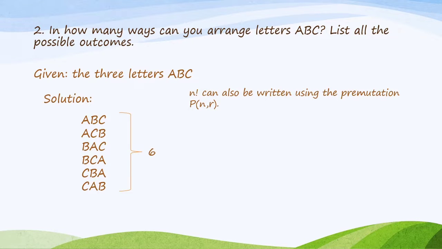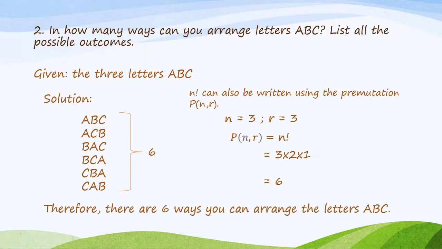N factorial can also be written using the permutation P of n, r. Since the values of n and r are equal, P of n, r is equal to n factorial. So let us substitute and simplify. So we have 3 times 2 times 1, and that is equal to 6.